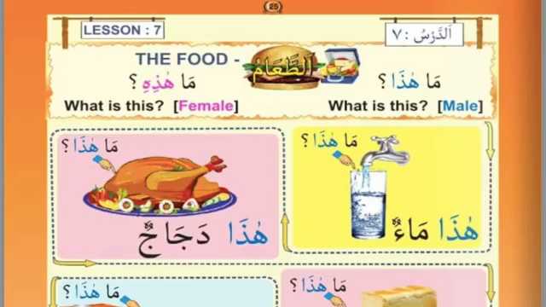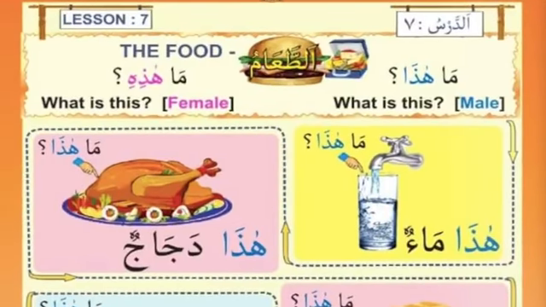So how do we say this is water in Arabic? We say hadha ma'un. Hadha ma'un. This is water. Alright?